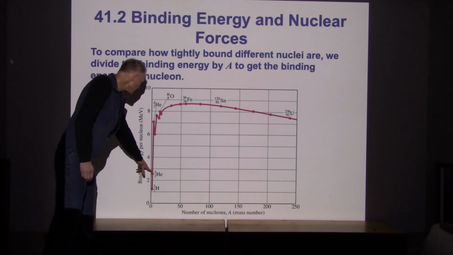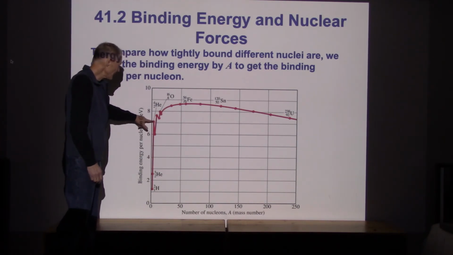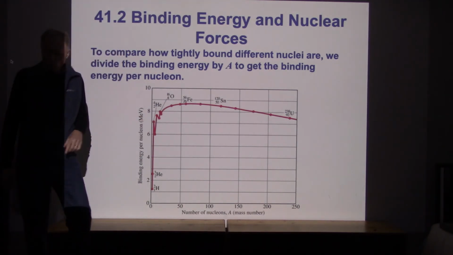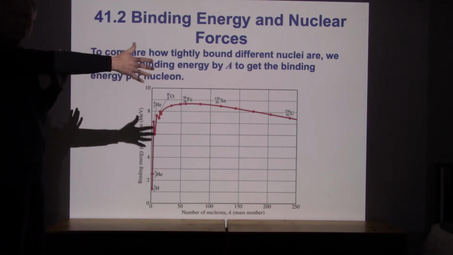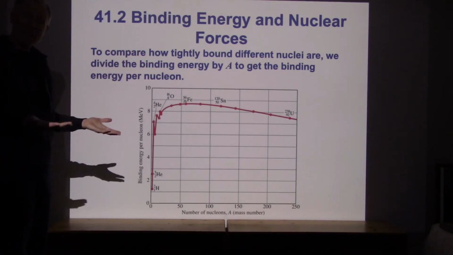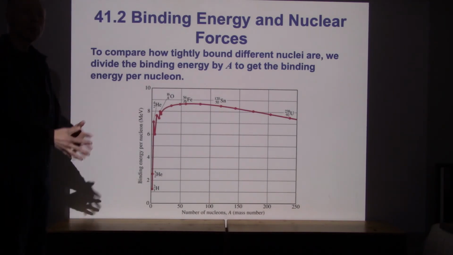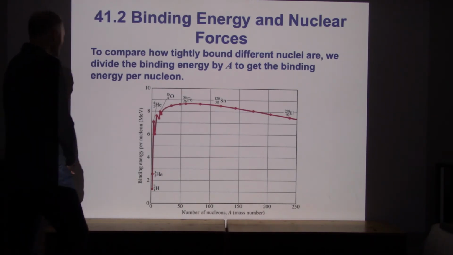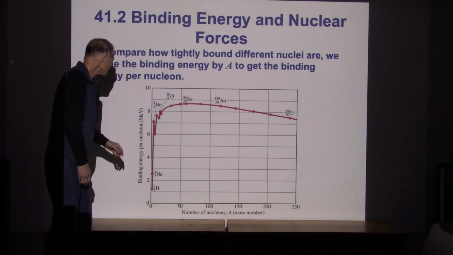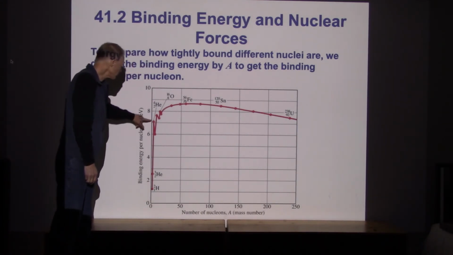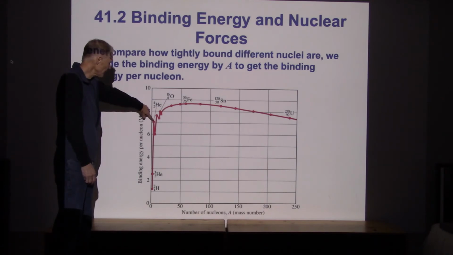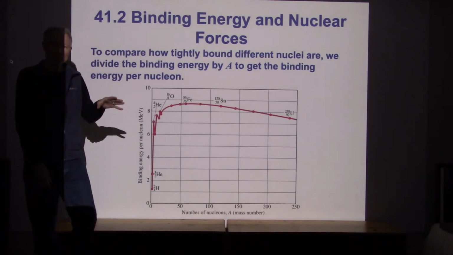Helium-3 is not especially stable. But look at helium-4. So what we're doing is looking across the periodic table and asking what happens to the nuclear binding energy, on average. And what we find is that helium-4 is our first example of a really stable nucleus.